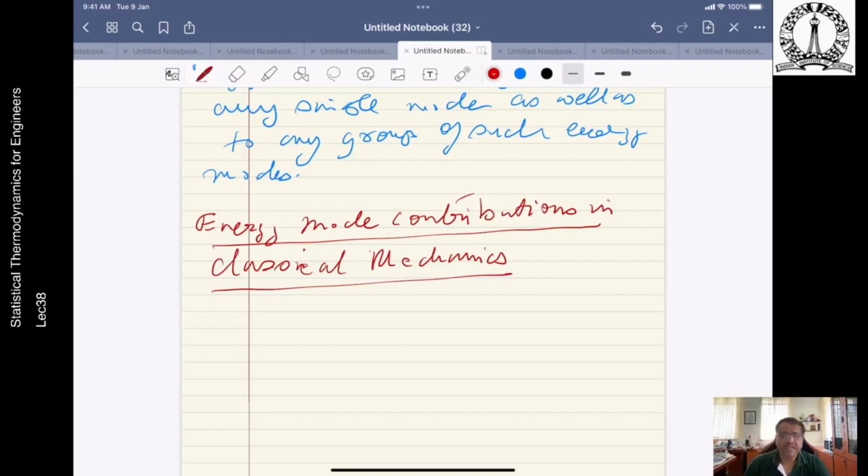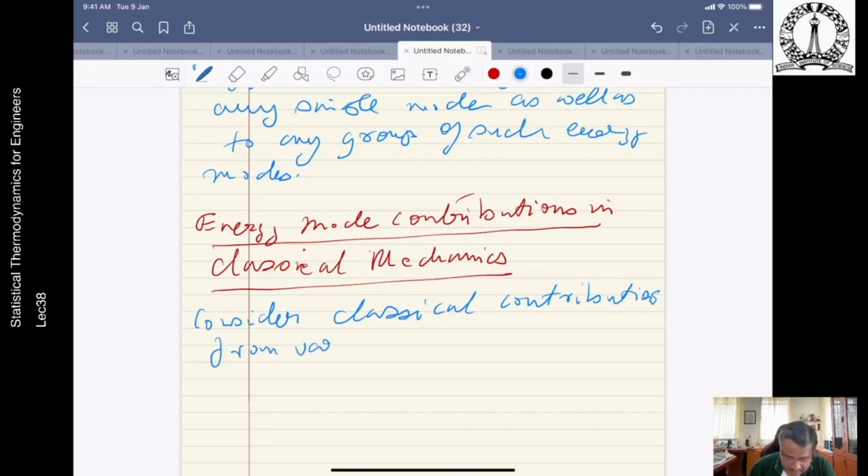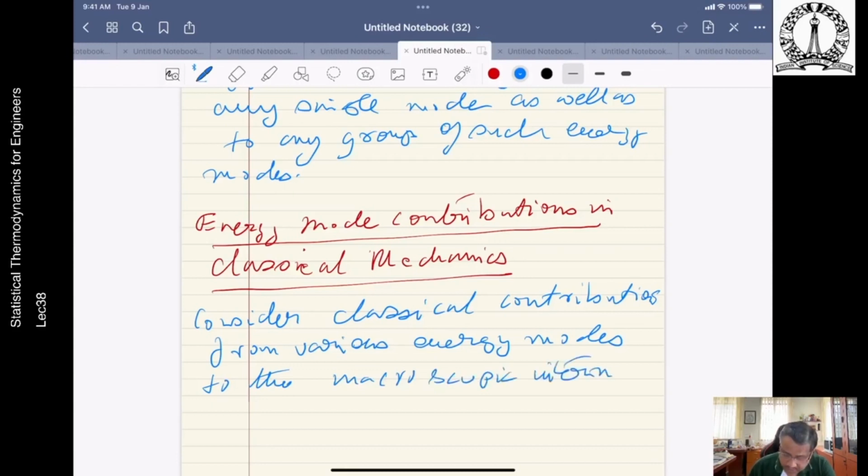So let us consider classical contributions from various energy modes to the macroscopic internal energy and heat capacity.